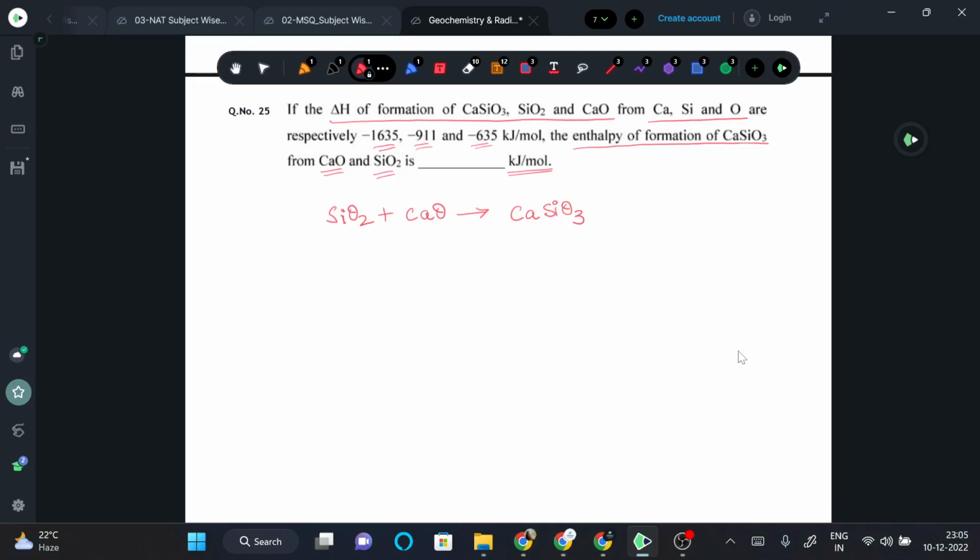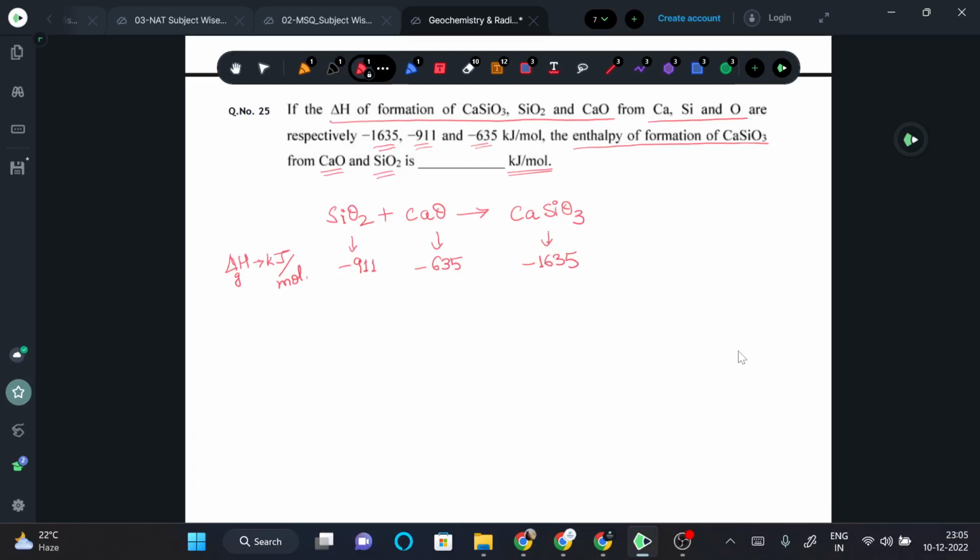Now delta H values are given, delta HF we will write, in kilojoule per mole. For SiO2, how much is it given? Minus 911. For CaO, it is given minus 635. For CaSiO3, minus 1635.